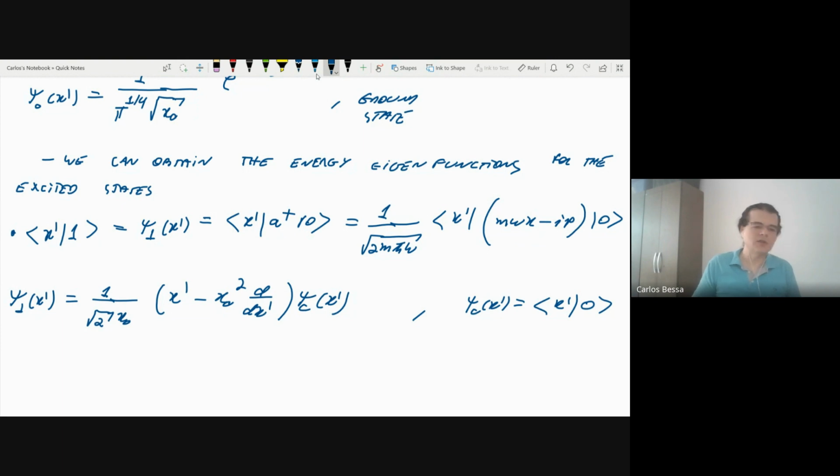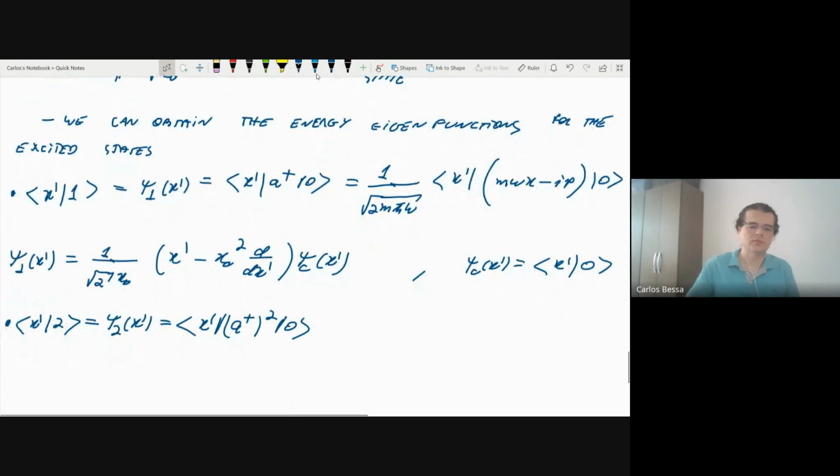And we can keep doing the same thing. Psi 2 of x prime is x prime a dagger squared 0, and this is just the definition of a dagger.